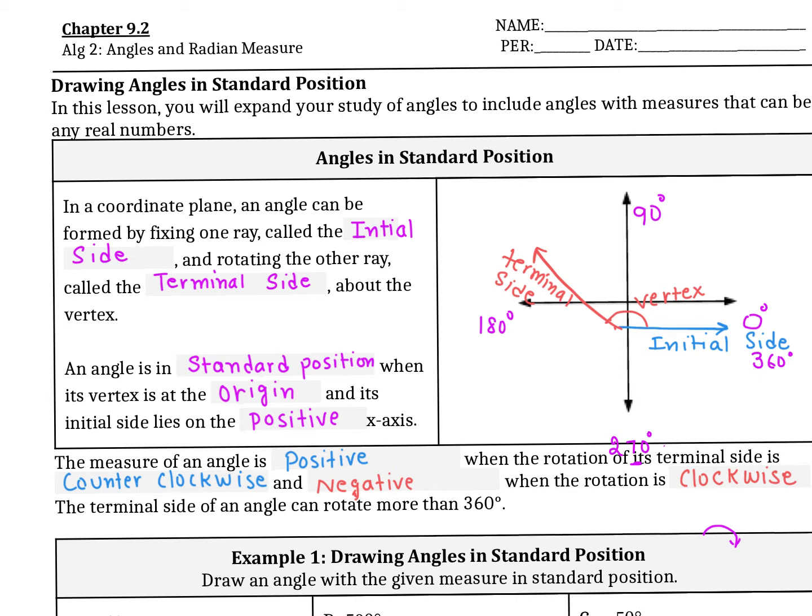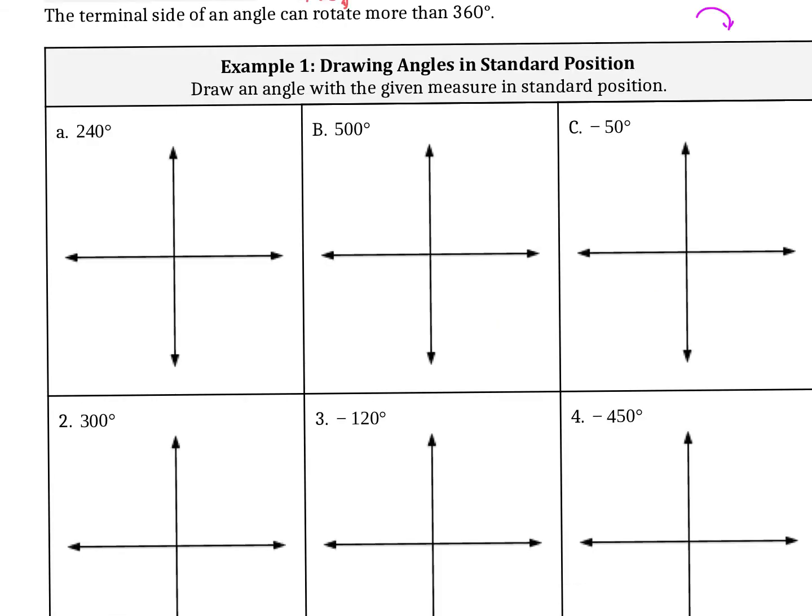This measure is called counterclockwise because you're measuring from 0 counterclockwise. If you're measuring the same terminal side the other way, it's called clockwise.